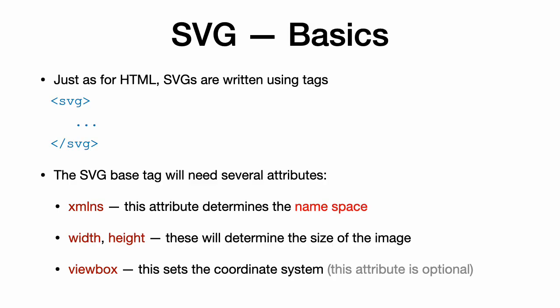The next attributes that we need are width and height. These two determine how large our image is. Finally, a third attribute that we can use if we want to is viewbox. This can be used to make our drawing more convenient. The viewbox attribute sets the coordinate system that we use to draw the graphic.